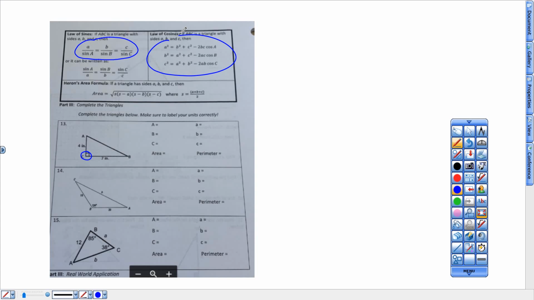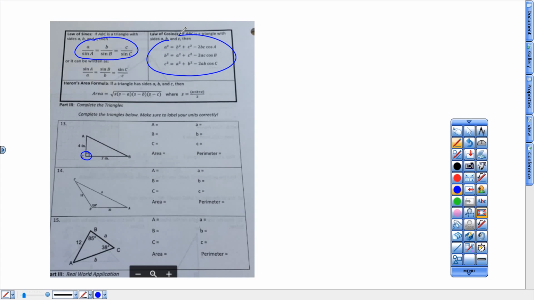So here we go. For 13, ladies, since this is a right triangle, I'm able to use all the trig. I want to find each angle and then find my lengths. So here we go. Are we ready? Let's find the lengths.